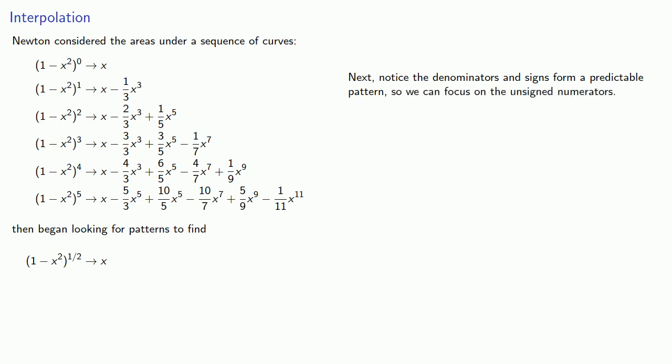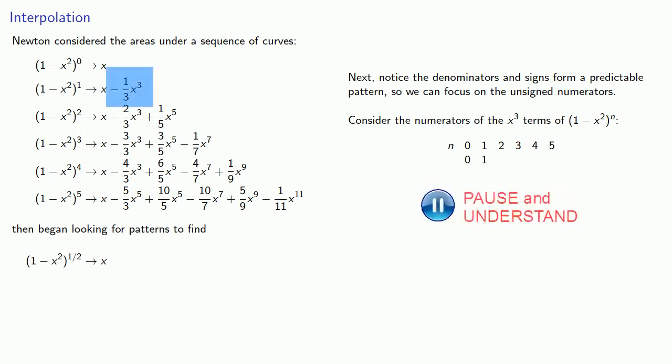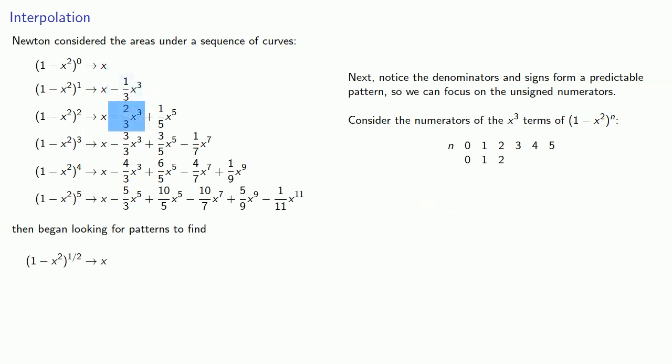So let's consider our numerators of the x cubed terms of 1 minus x squared to power n. If n is equal to 0, there's no x cubed term, so our numerator of the coefficient is 0. If n equals 1, our numerator is 1. If n equals 2, our numerator is 2.